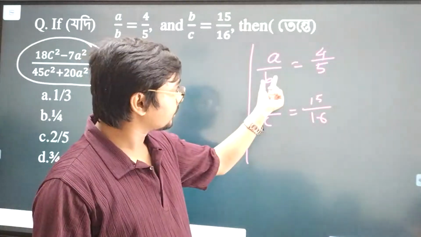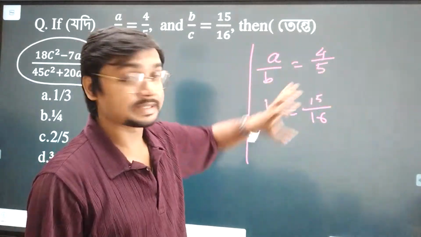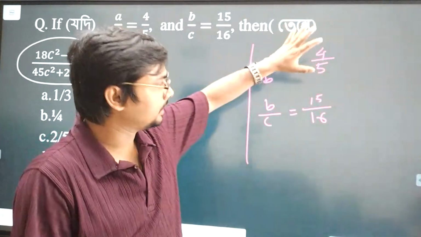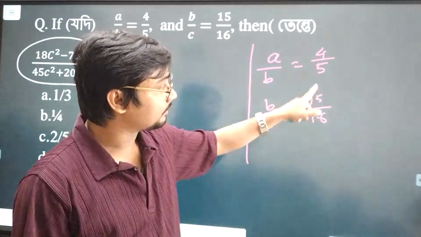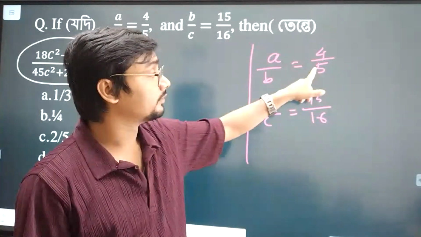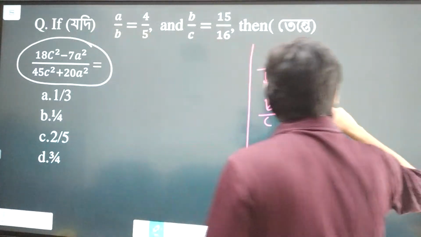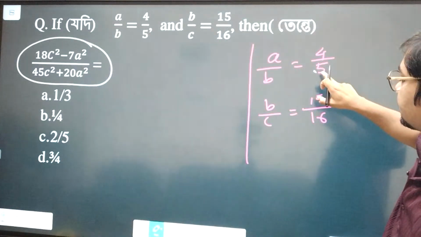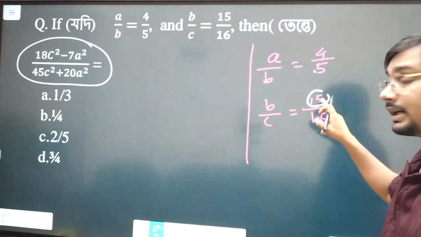Here B is 5 and B is 15, so we need to make both the same. Either make this one 5 or make the other 15. I think it will be better to make it 15 here, because if we want to make this one 5, we need to divide by 3.